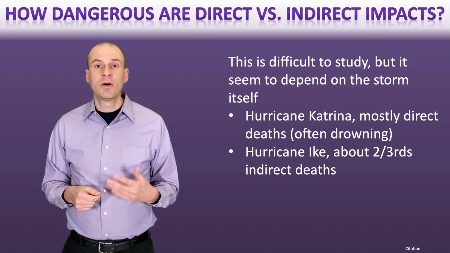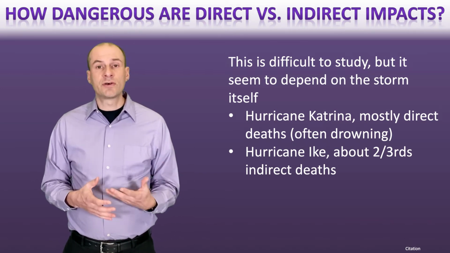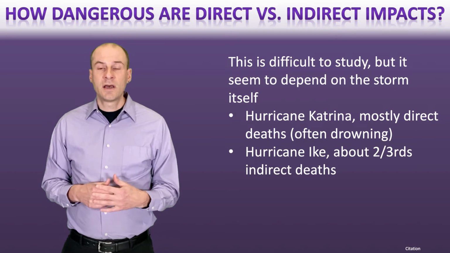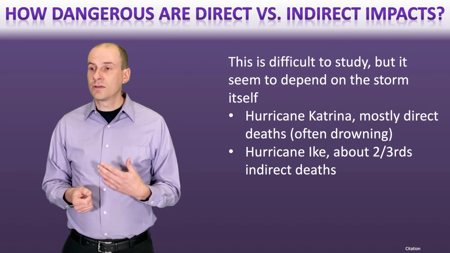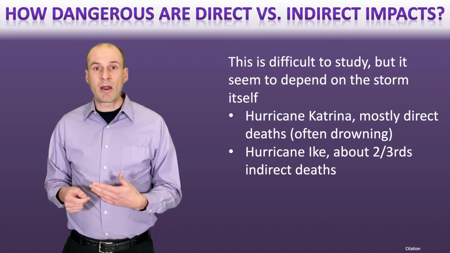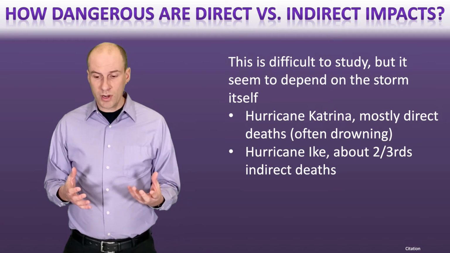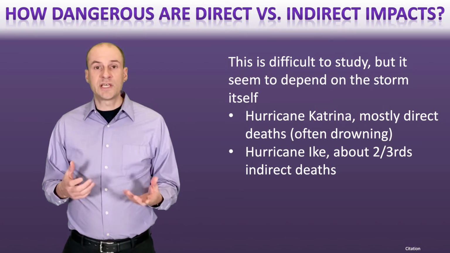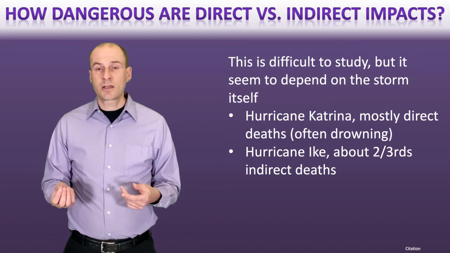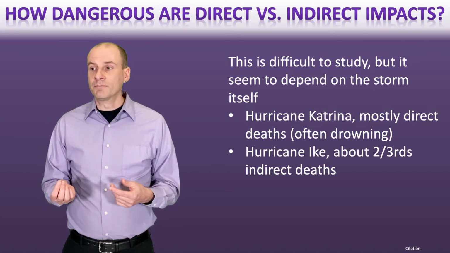Hurricane Ike, for example, it seems like about 2/3 of those mortalities were due to indirect deaths. A very common cause of death was that the electrical power went out. A lot of people were using generators and getting carbon monoxide poisoning.